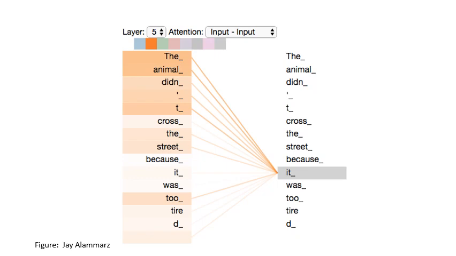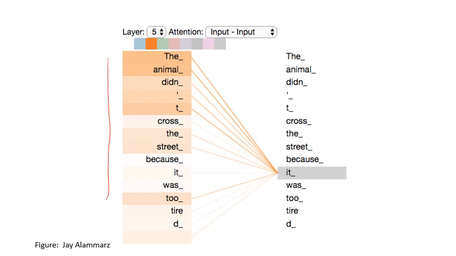I borrowed a couple of figures from different papers and blogs, and this one is from J. Alammar. It shows what's happening, for example, in layer 5 when you have this sentence: the animal didn't cross the street because it was too tired.